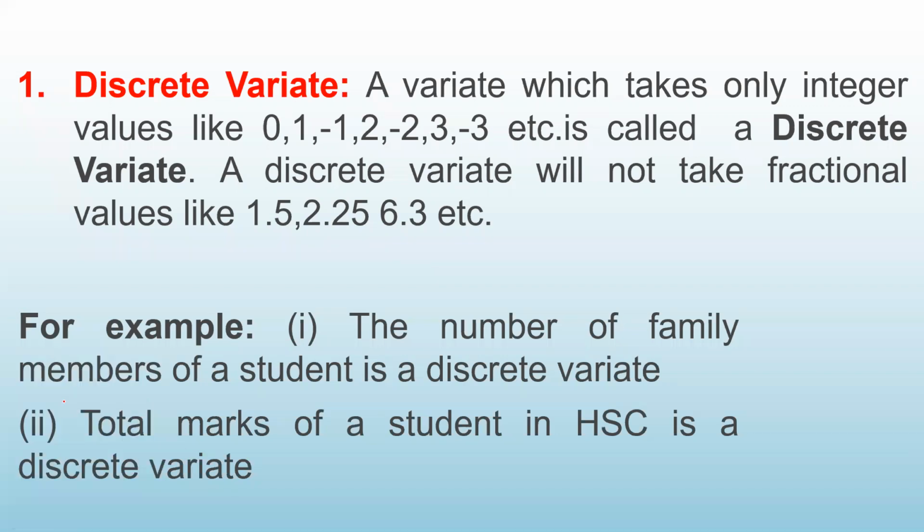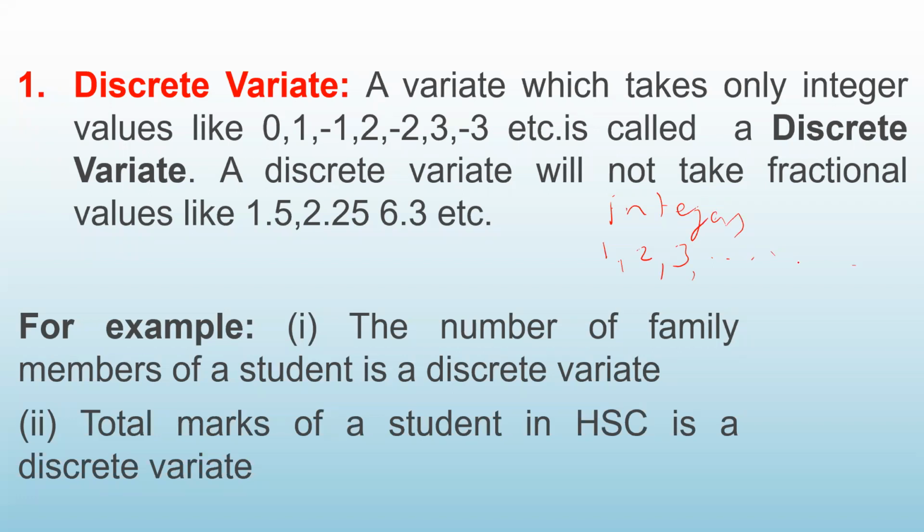See, discrete variate is a variate जो केवल integer value ही ले सकता है. Now what is the meaning of integer value? Integer numbers क्या होते हैं? Integer numbers are numbers like 1, 2, 3, 4, 5, 6. The list is endless. बहुत बढ़ता जाएगा ये list.